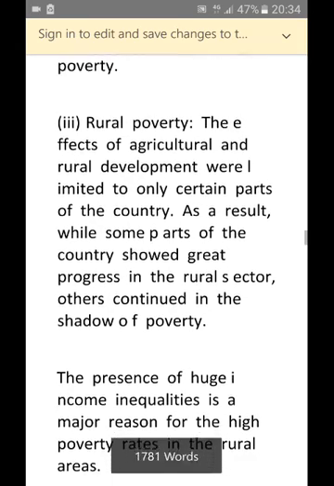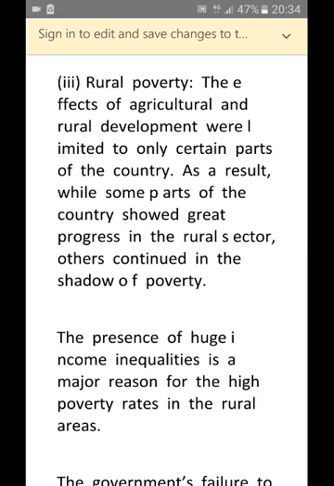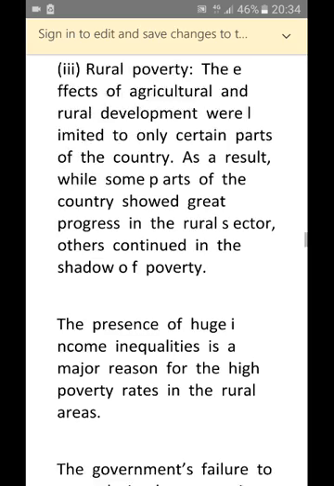Then the third point is rural poverty. The efforts at agriculture and rural development were limited to only certain parts of the country. As a result, while some parts of the country showed great progress in the rural sectors, others continued in the shadow of poverty.